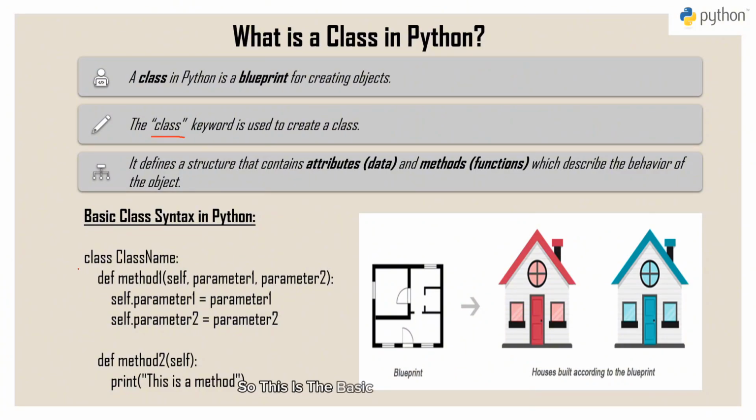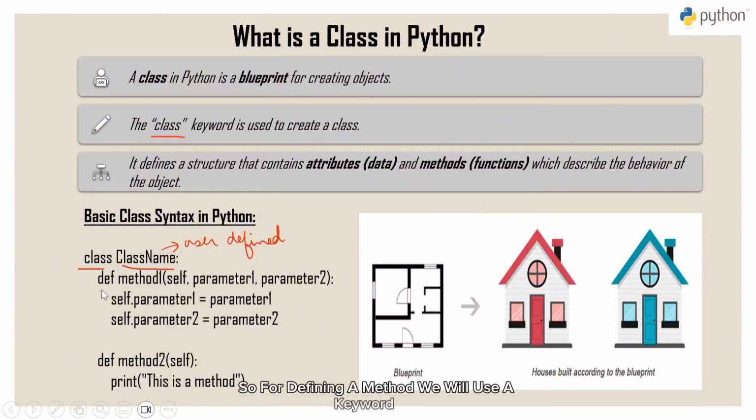So this is the basic syntax of defining a class. Class keyword, class name. This class name is user defined. User can give any name to the class. Inside class what we need to do is we need to take methods. So for defining a method we will use a keyword def.